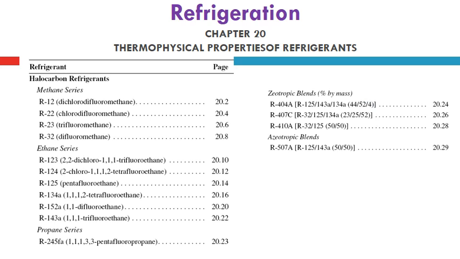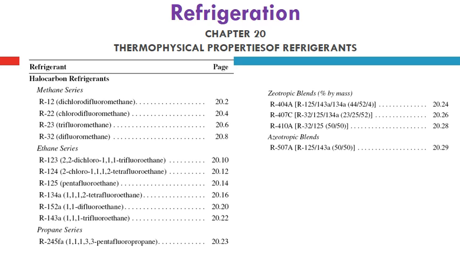Then we can find that R407C contains R32, R125, and R134A with different mass percentages, starting from 23% for R32, 25% for R125, and 52% of R134A.